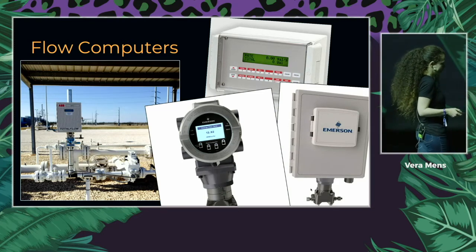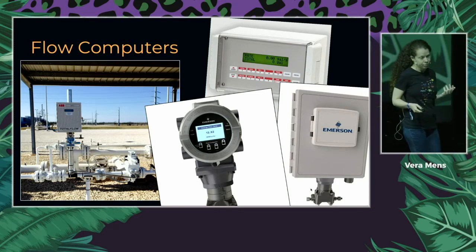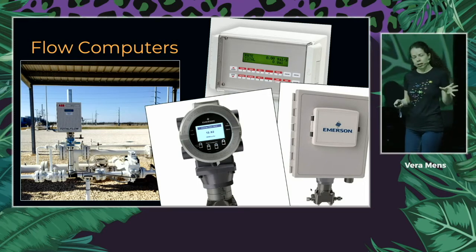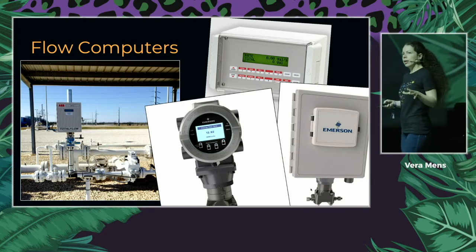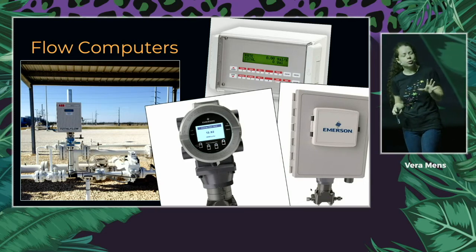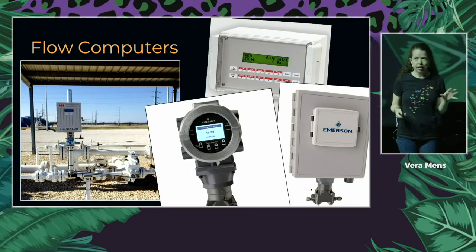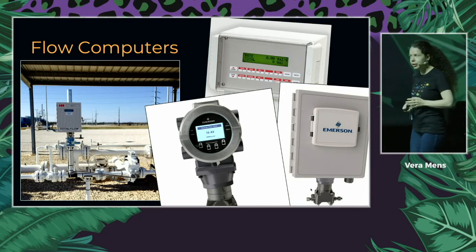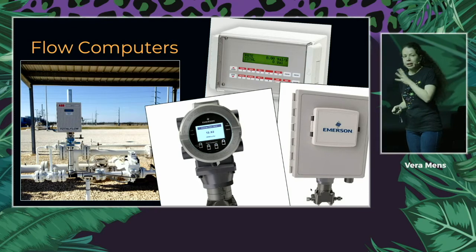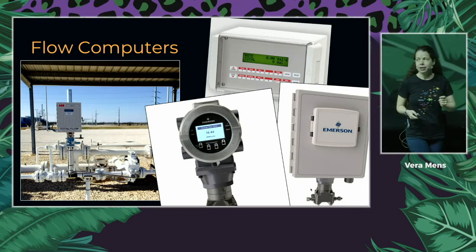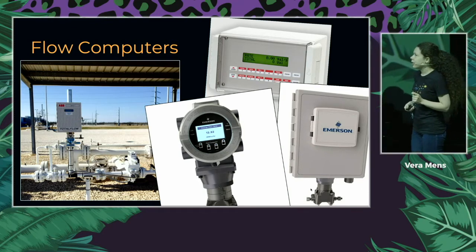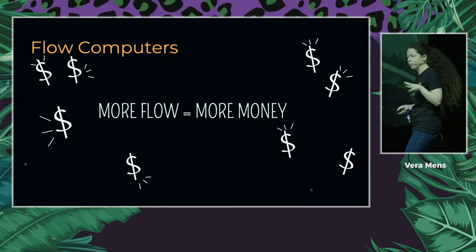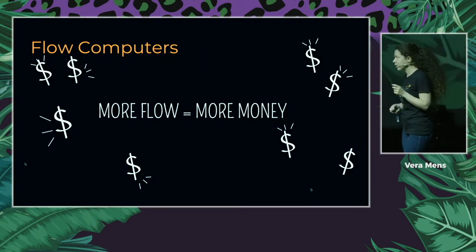Not to mention what Marina talked about in the keynote: the more flow of oil, the more money. And for some reason, people do care about oil prices. So we would like to keep those computers safe from attackers, right? And that's what we would like to remember throughout this lecture.